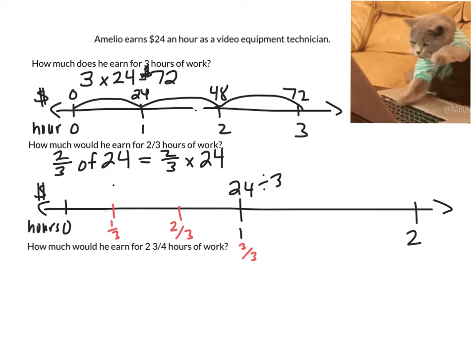So here we would have $8, 16, and then 24. And now when we start to make those jumps for that 2/3 of an hour, we would see that Emilio is actually making $16 if he was only working 2/3 of an hour.